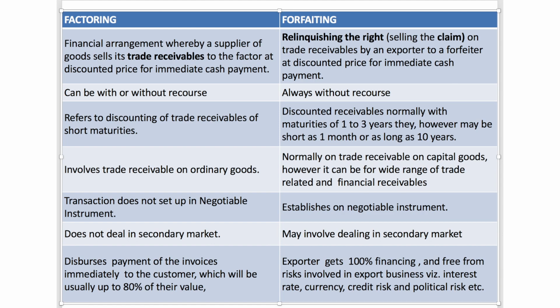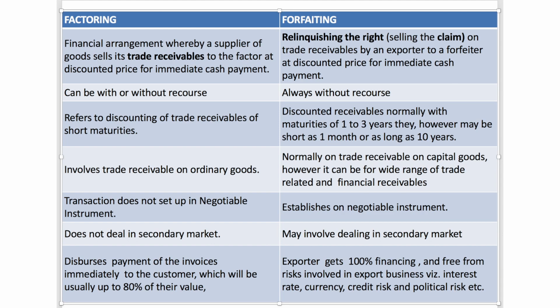In factoring, transactions may or may not involve a negotiable instrument, but in forfeiting there is compulsorily a negotiable instrument, and that instrument needs to be avalized, meaning co-accepted and admitted by the importer's bank. Factoring does not deal in the secondary market, and forfeiting may involve dealing in the secondary market.